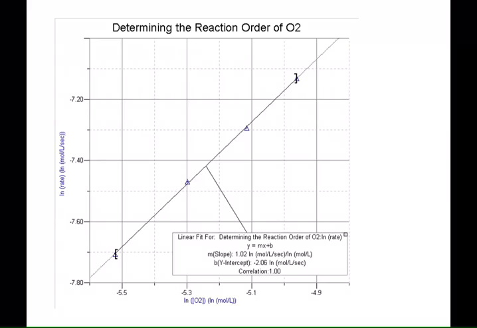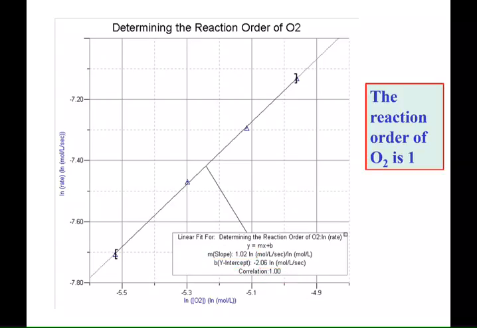And it should look like this. So correlation coefficient of 1, that's pretty darn good. Looks like our slope is 1.02. What do you think? 1. Yeah, reaction order with regard to that reactant is 1.